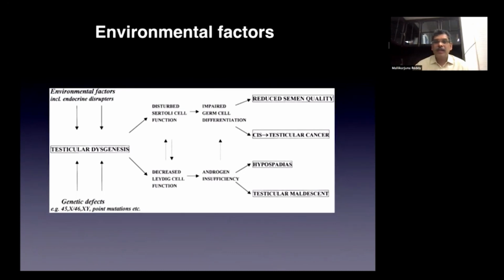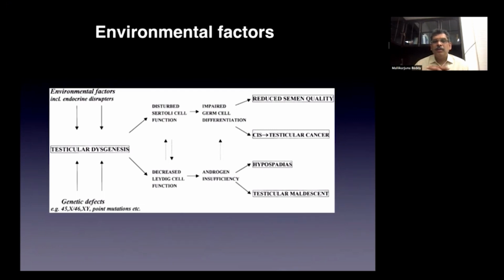They also have looked at decrease in the fertility rates, and an increase in anogenital distance. So environmental factors do play a role, but there is no definite evidence that they are the primary disruptors in the testicular mal-descent.